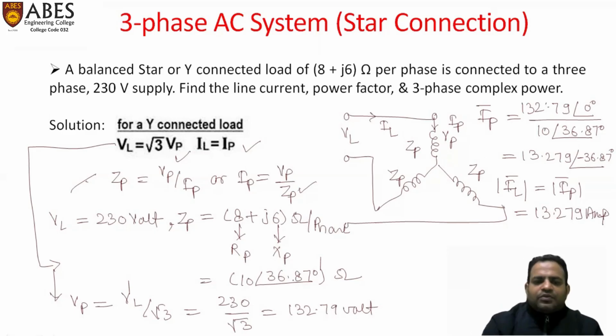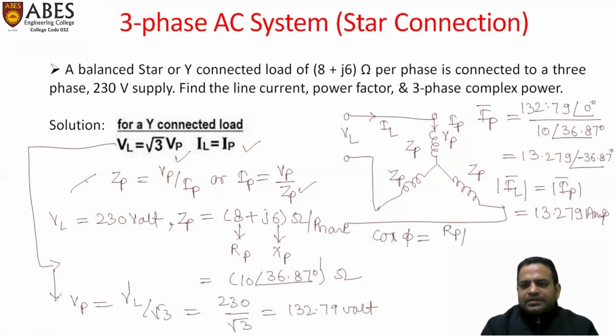Now we can talk about our power factor cos phi, that is RP by ZP. That is 8 by 10, which is 0.8.